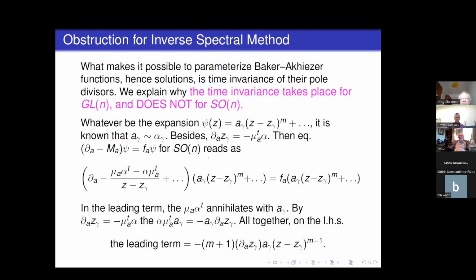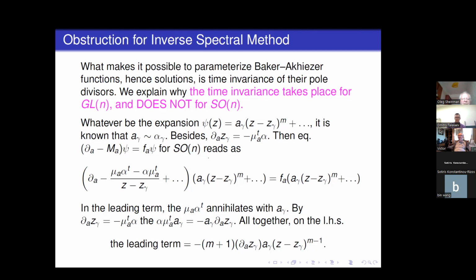Let's compute the leading terms on the left and right hand sides. The leading term on the left hand side is presented in the bottom line.